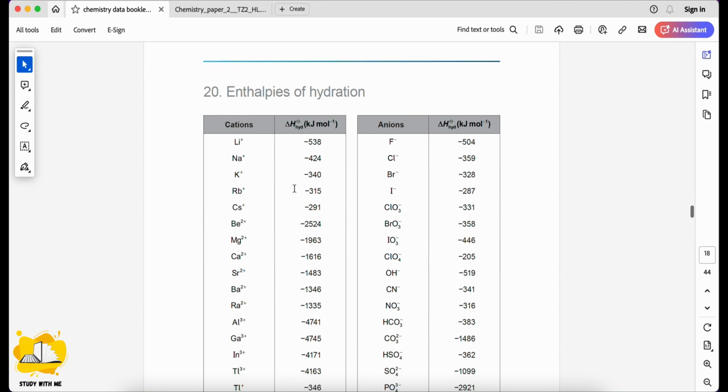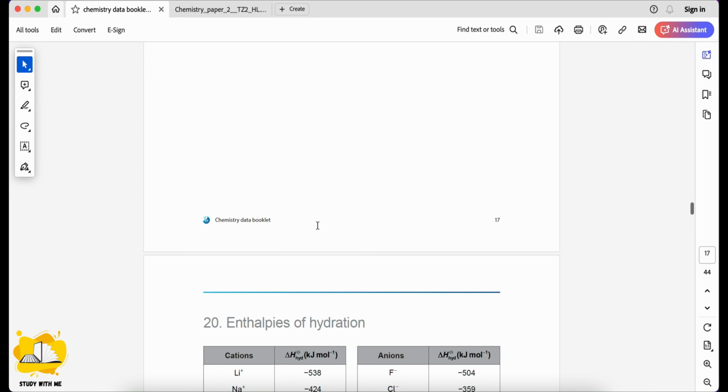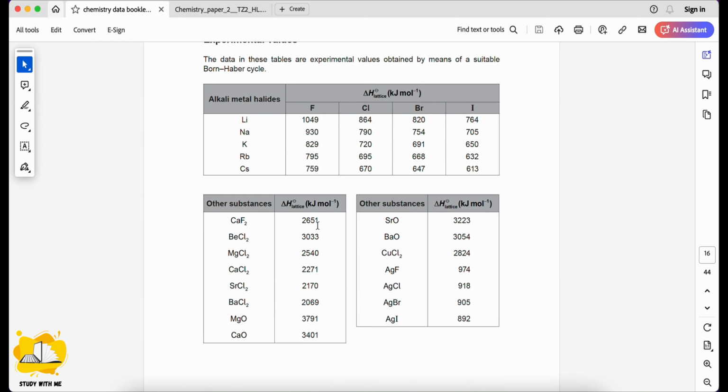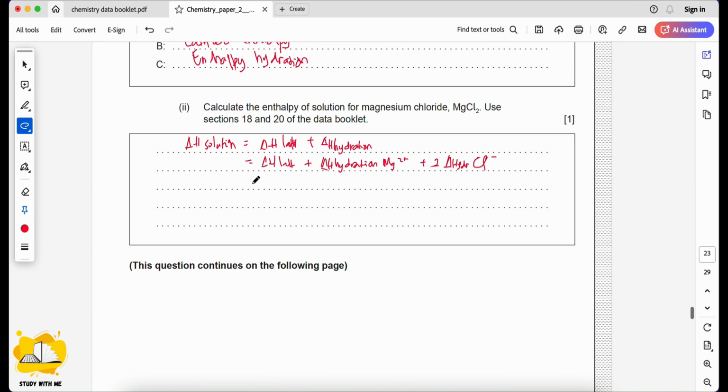In section 20, we need hydration of Cl-. There is Cl- here, and then Mg2+ right here. And the lattice enthalpy of MgCl2 is right here. So we can just plug into the formula: 2540 minus 1963 plus 2 times negative 359. You will get negative 141 kilojoules per mole.